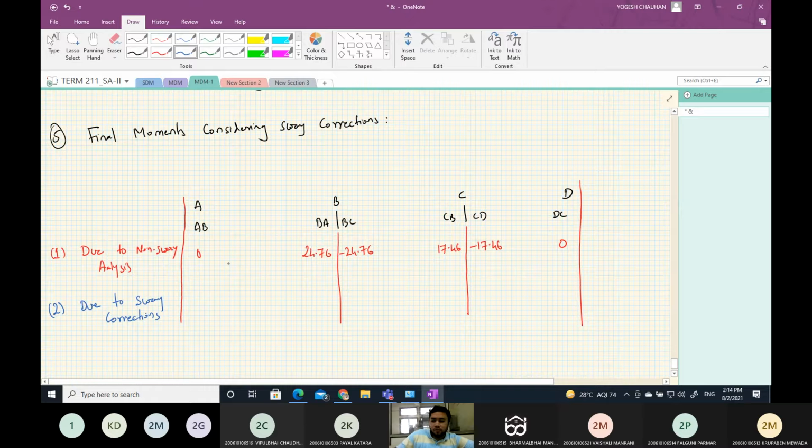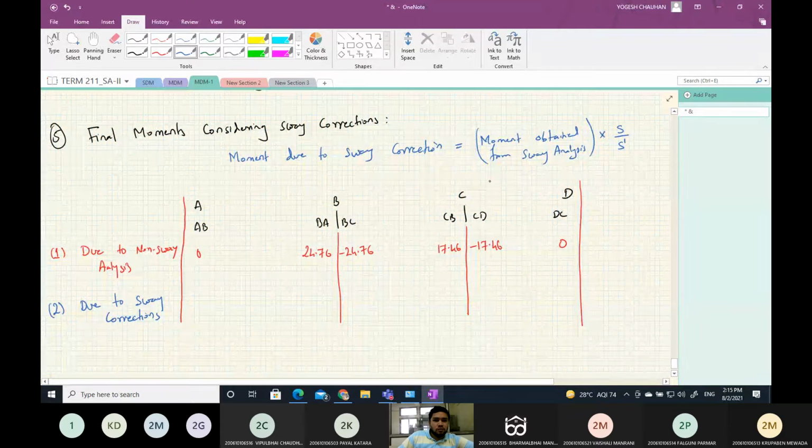The moment due to sway correction is equal to the moment obtained from sway analysis multiplied by the actual sway divided by the sway obtained from the sway analysis.